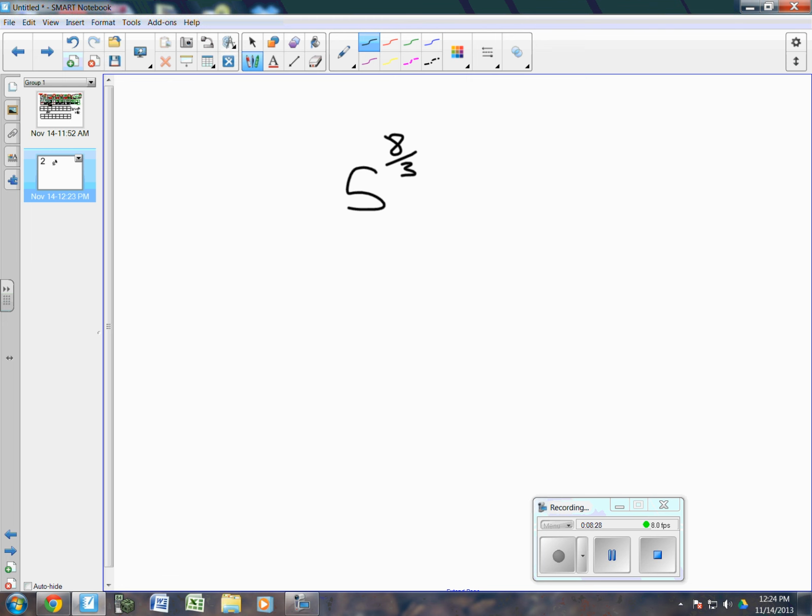Brienne, make sure you guys know how. Okay, you guys, the bottom number is your index right there. The cube root of 5 to the 8th power. Got it? How many of you had that?